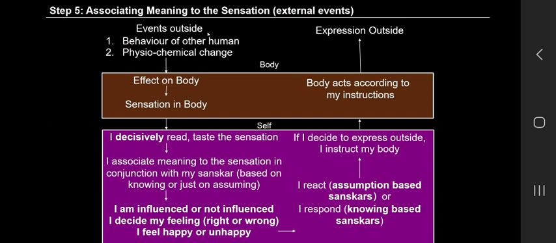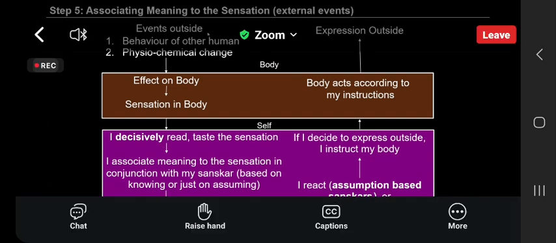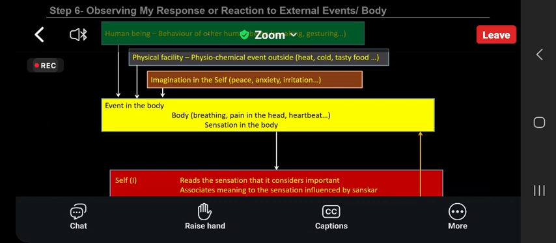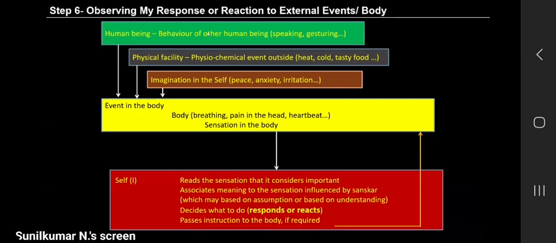Then in step 6, we are observing that when I am not happy inside, when I am not comfortable inside, I try to be happy with the sensation, with the feelings outside.